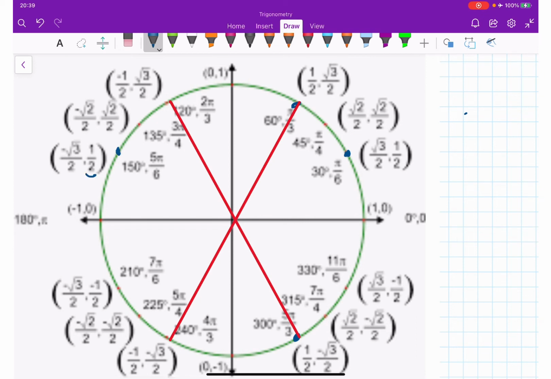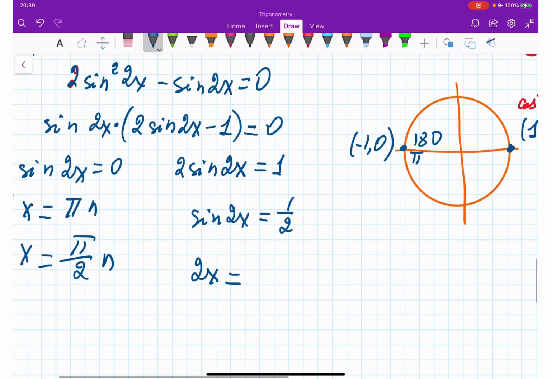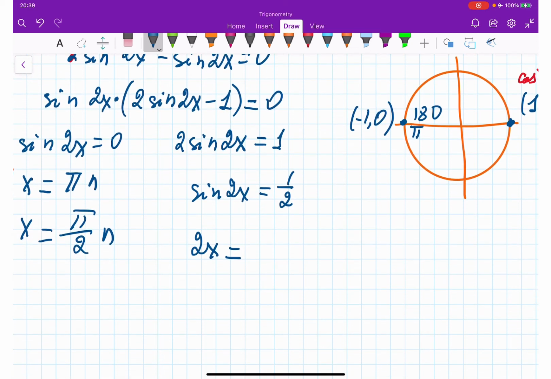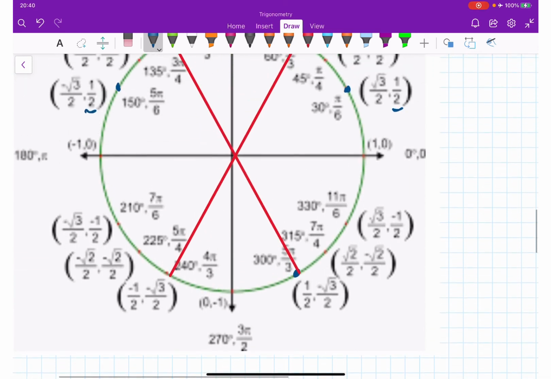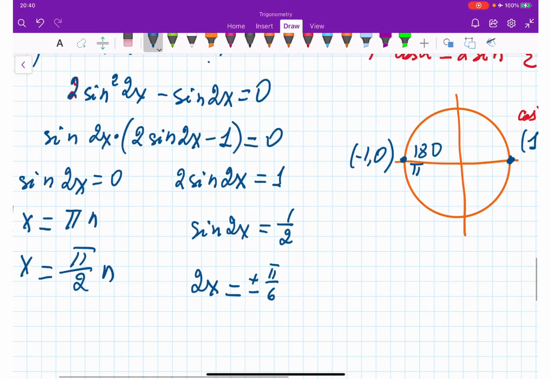See, here is also sine equal 1/2. So 2x is equal pi over 6 plus 2 pi n, right?